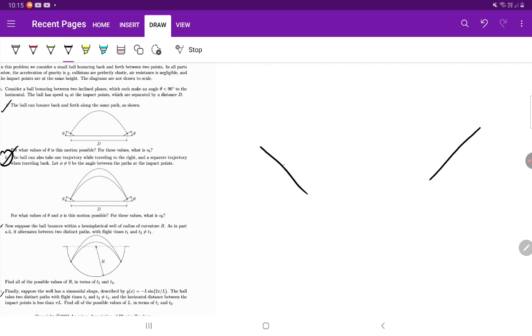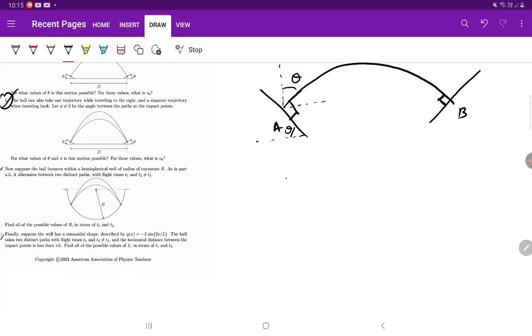If the ball begins from point A and hits point B, then at point B the trajectory makes 90 degrees with respect to the incline, and at point A also it will make 90 degrees with respect to the incline. So basically, there's no restriction on theta. The only restriction is on the trajectory.